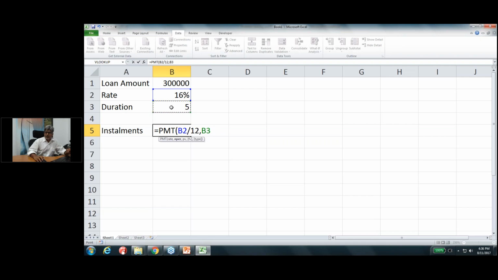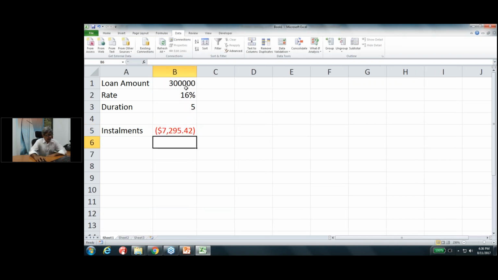Again, it represents years, so we need to multiply it by 12 so that it is converted to months. And then we have the present value. So this is the function that is used to calculate the monthly installment of this particular arrangement.